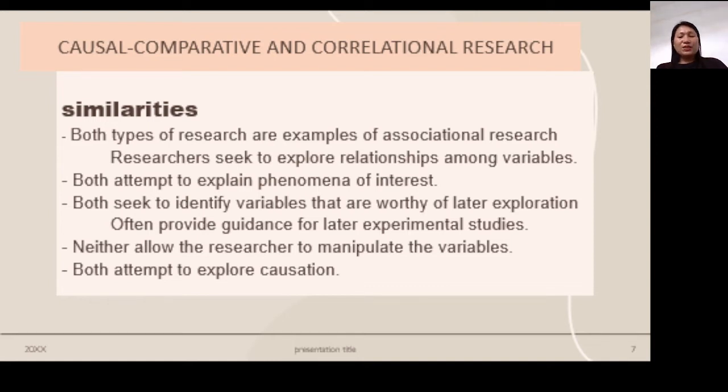While in correlational research, it detects whether there is a correlation between the variables being compared. It determines whether there is no correlation, whether there is a positive correlation or a negative correlation. But these relationships do not mean that one variable affects another. And that makes causal comparative research different from correlational research.